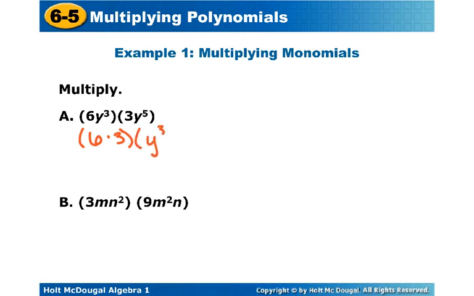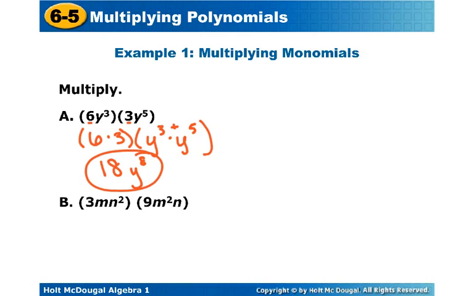So I have y cubed times y to the fifth. Okay? And now you're just going to worry about simplifying this. So 6 times 3, you would multiply together to get 18. Now you have y cubed times y to the fifth, so you add those exponents together, so you get y to the eighth.